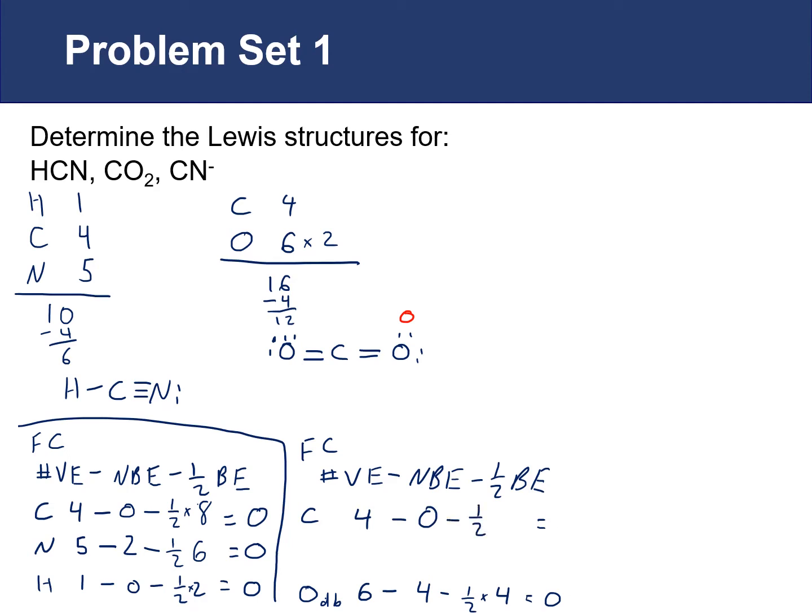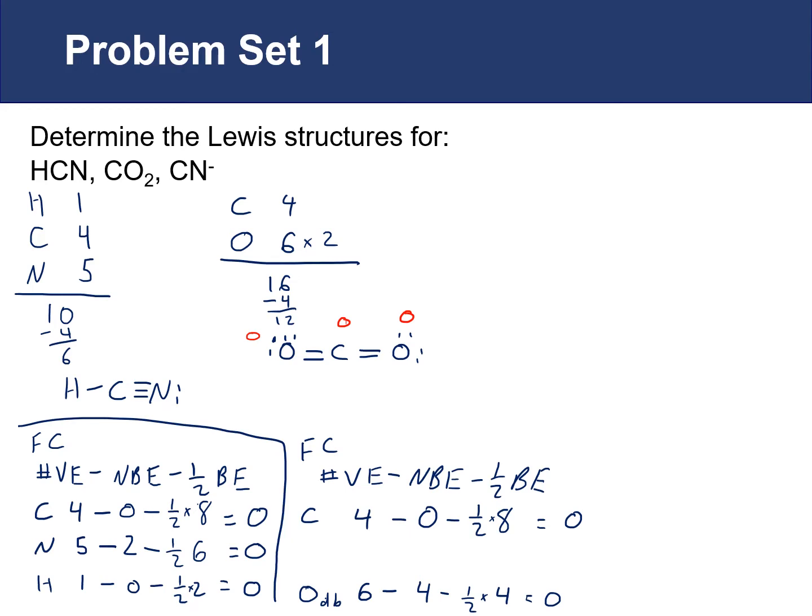We now have 2 sets of double bonds, which are 4 electrons each for a total of 8. 1/2 of 8 is 4, so 4 minus 0 minus 4 is 0. So our carbon now has a 0 formal charge. The oxygen now has a 0 formal charge. And so everything has a nice 0 formal charge.